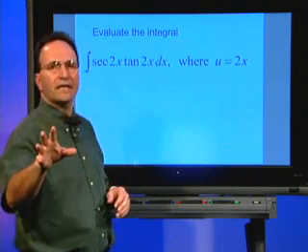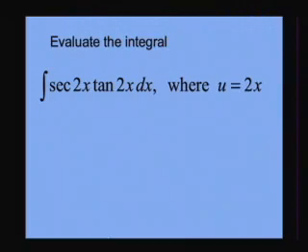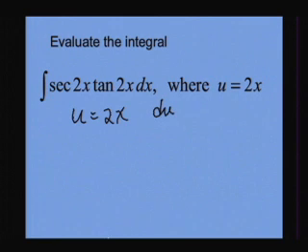So let's take a look at evaluating an integral. Integral of secant 2x tan 2x dx, where u is equal to 2x. So if u is equal to 2x, then that means du dx, the derivative of u with respect to x, would be 2.